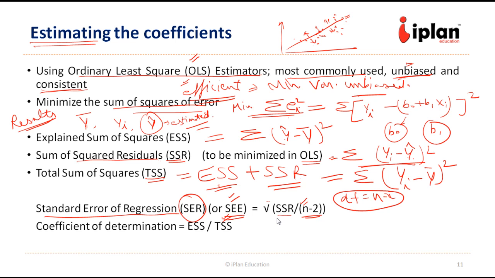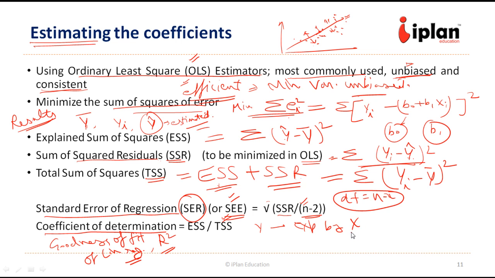And finally, we have the coefficient of determination, or R square. We also call it the goodness of fit of linear regression. This tells us how much of y, the dependent variable, has been explained by the independent variable x.